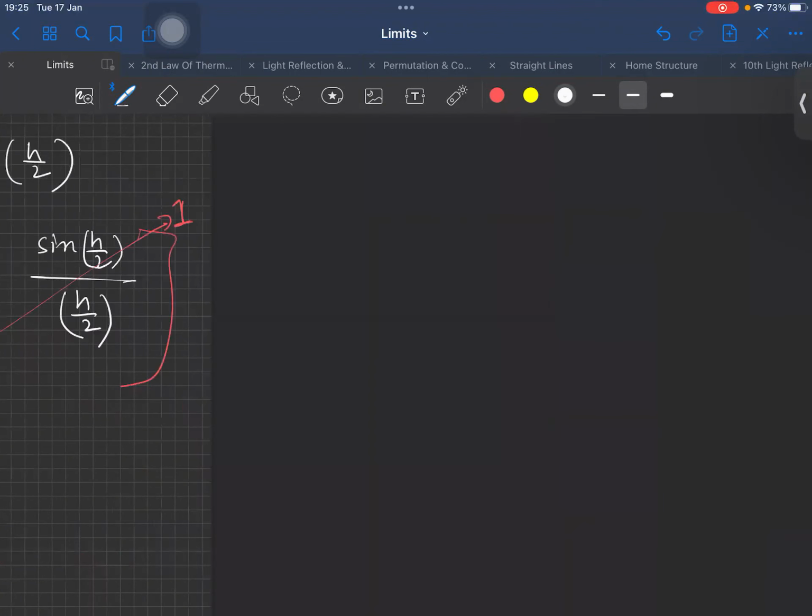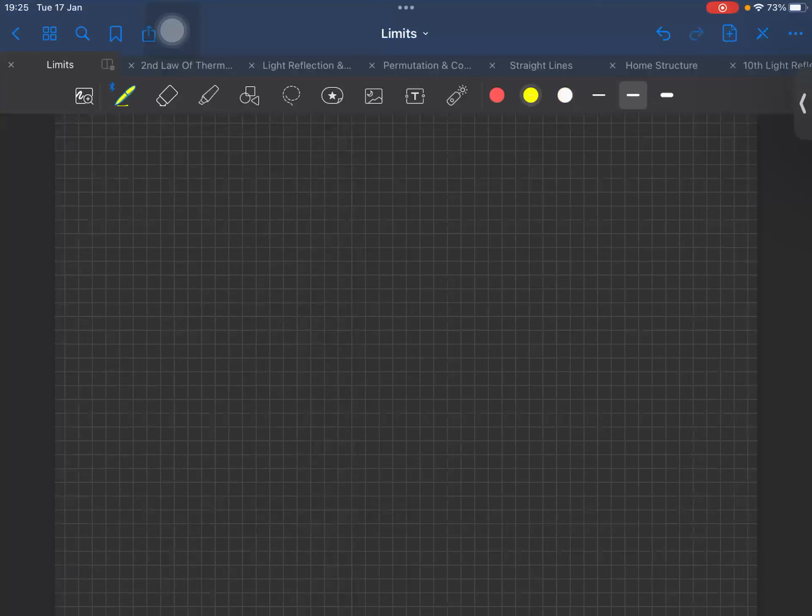Now let's do it using the algebraic method. So y is given as sine x plus 1, right? Let's replace x plus 1 with some function t.